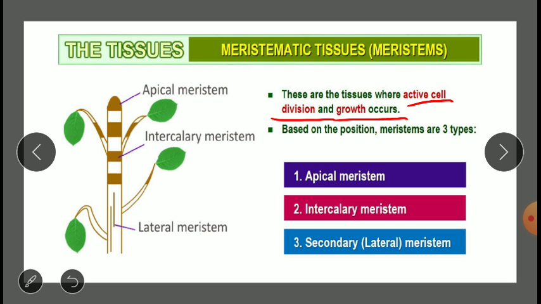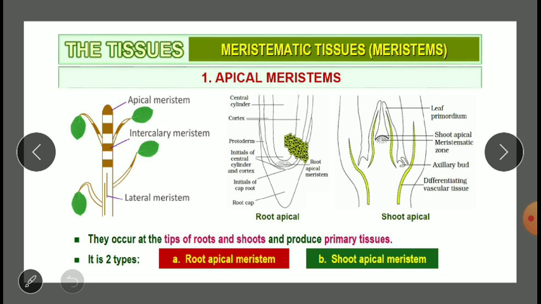Based on the position, meristems are classified into three types: apical meristem, intercalary meristem, and the lateral meristem or the secondary meristem. So let us see these three types of meristems, where they are present, based on which they are differentiated. Coming to the first one, that is the apical meristem.